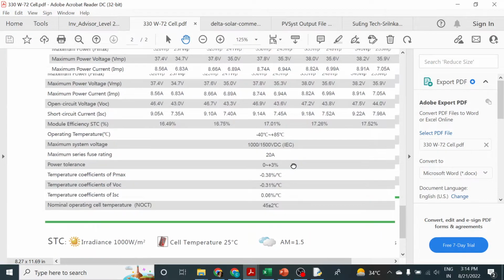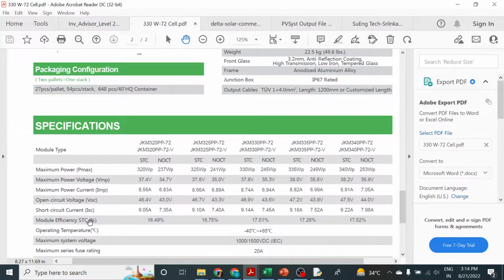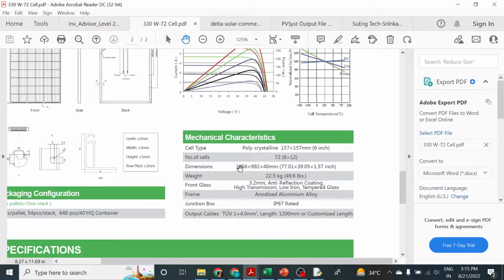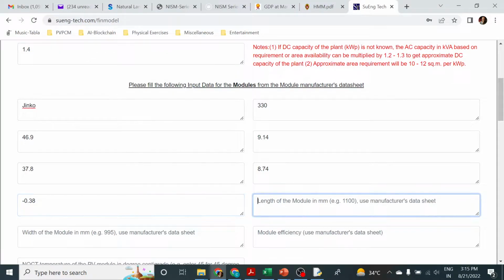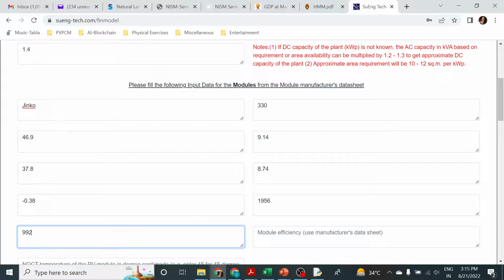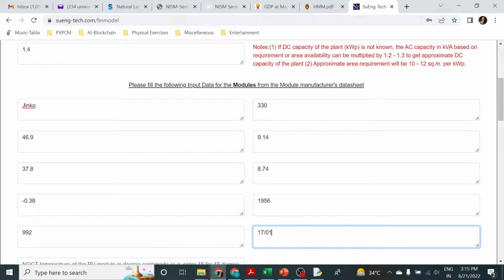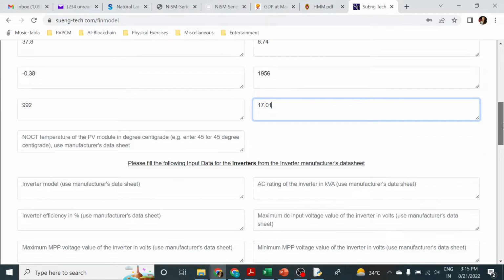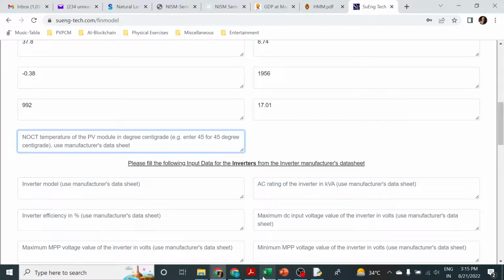You see, the efficiency of the module is 17.01%, and the dimension is given here as 1956 into 992. So I put 1956, 992, 17.01. I'm not entering the percentage sign because that is taken care of by the software.